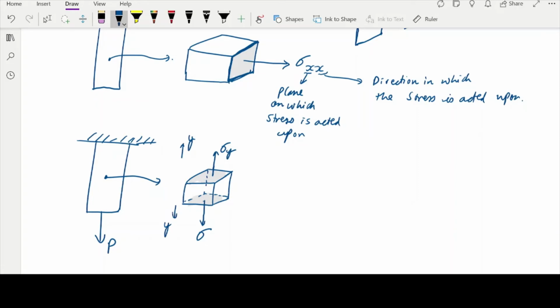Positive and negative y doesn't matter, it should be in the y direction. And the stress itself is also acting in the y direction, so the second term is also y, right? So this is sigma yy. I hope this is clear.